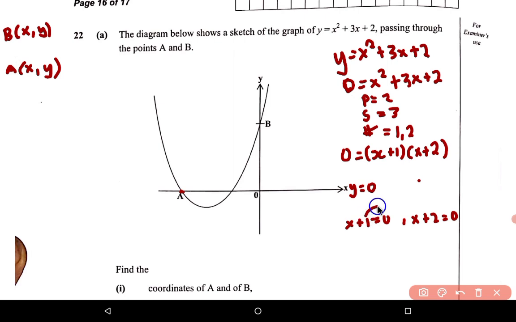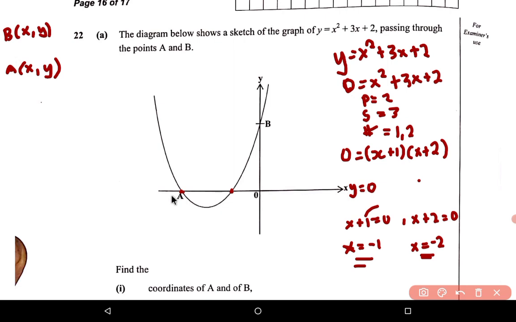So you take the one this side. So x is equal to negative 1. This one, x is equal to negative 2. So now what we found here, it even makes sense. We found these two values because we said in this line y is equal to 0.